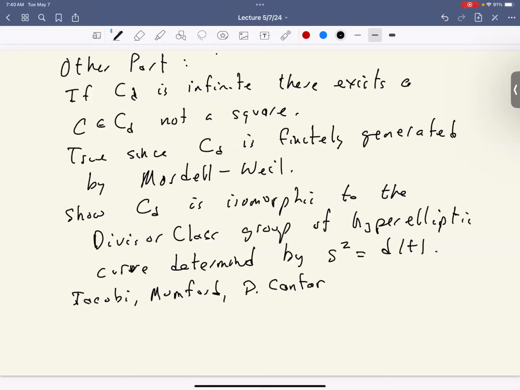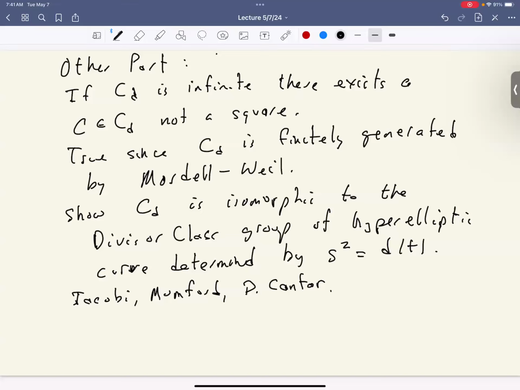So these guys did this, but what they never did actually is to show that exactly there's an isomorphism between the class group of quadratic forms and the Jacobian. As far as I know, no one's done this. And maybe they have, but it's kind of implicit in their work. It's not really that surprising that it exists, but I needed it to be very precise.